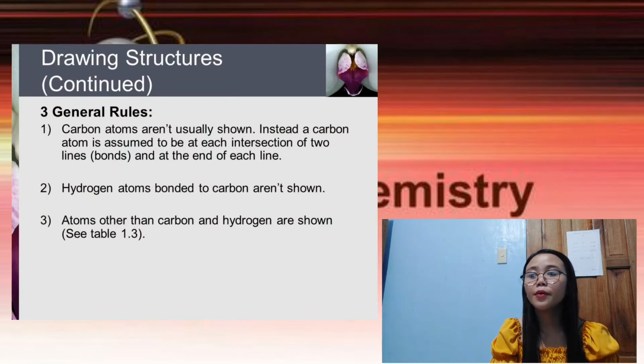First, carbon atoms aren't usually shown. Instead, a carbon atom is assumed to be at each intersection of two lines, or bonds, and at the end of each line. Second, hydrogen atoms bonded to carbon aren't shown. Last, atoms other than carbon and hydrogen are shown.